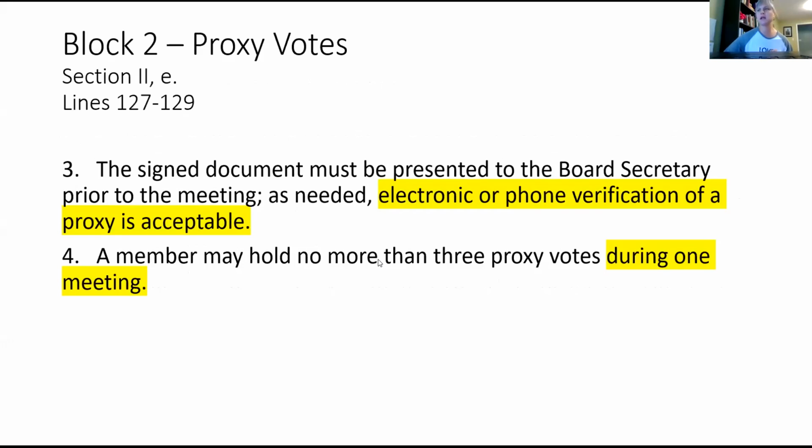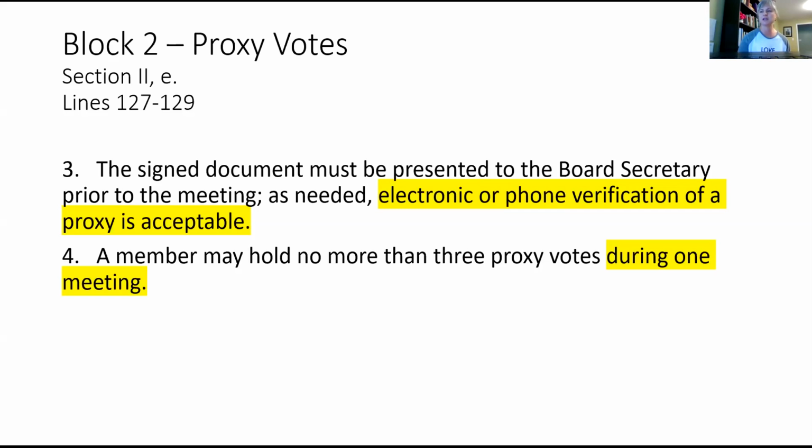Okay, moving on to block 2, these are two items regarding proxy votes. The first one allows proxy votes to come through electronic or phone verification as opposed to only a signature. The way we've always done it, our world is changing, so this allows proxy verification with the secretary electronically or by phone if needed.